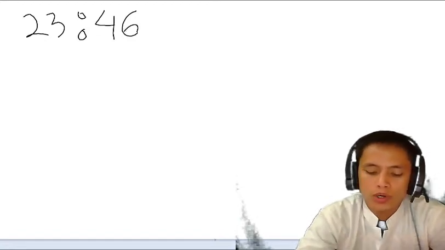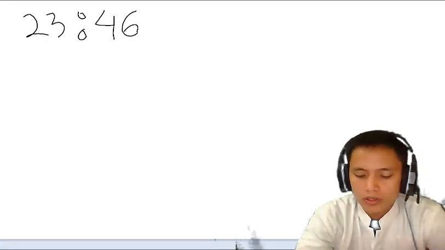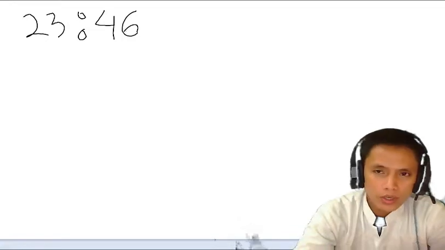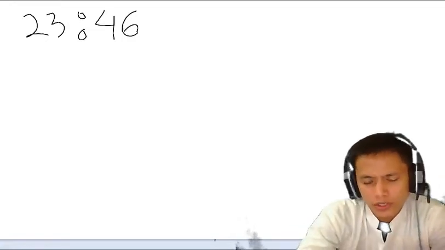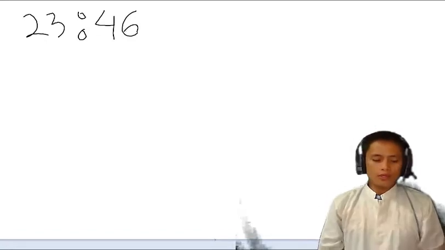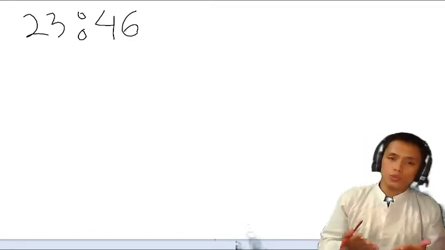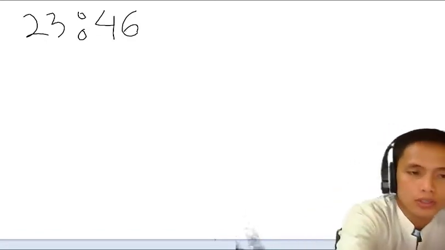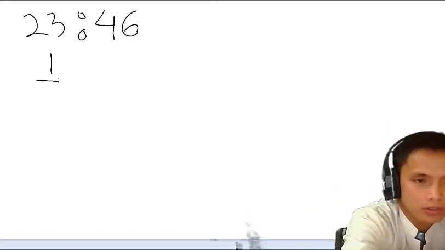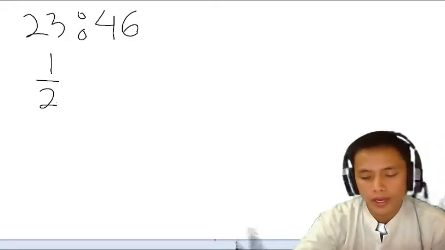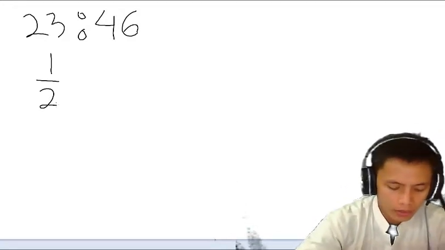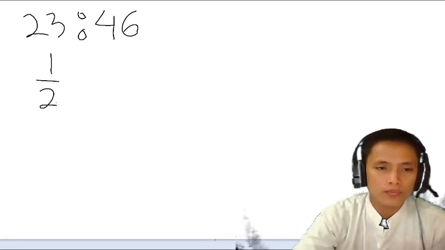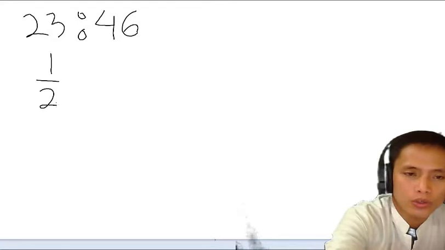When we talk about ratio, you're going to need to know too about the equivalent ratios. So what are equivalent ratios? In primary school we have learned about fractions, right? I hope you still remember this, like 1/2, and I hope you still remember about equivalent fractions.